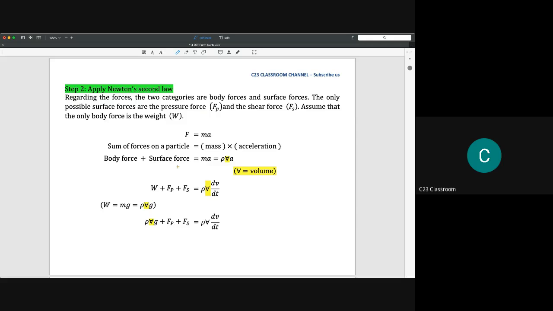Then we could write the sum of the forces here. We have the body force, which is the weight, the force that comes from the pressure, and the force that comes from the shear stress. And then we have rho and volume here, and we expand the term of acceleration into dV/dt.